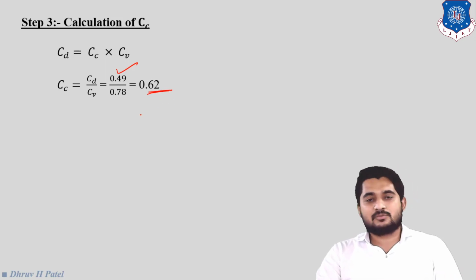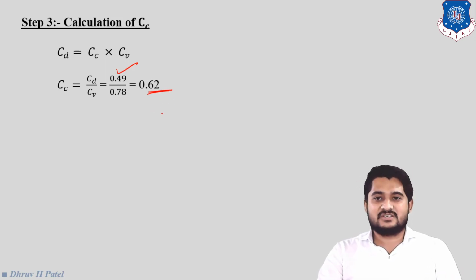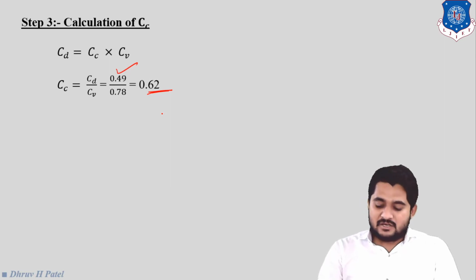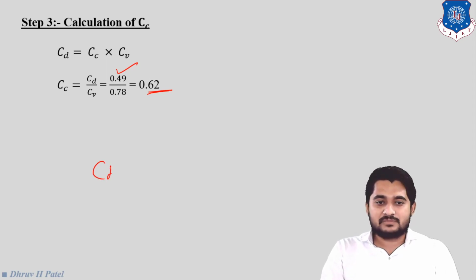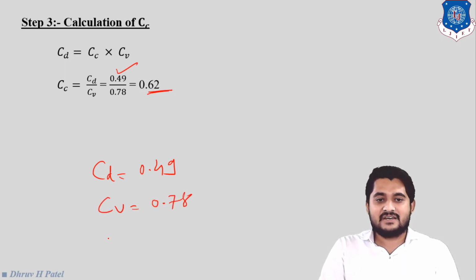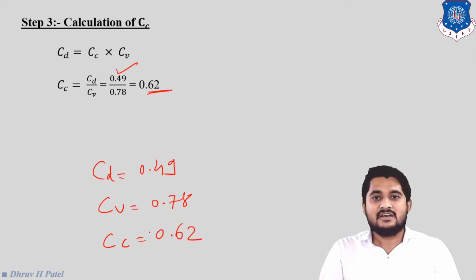So coefficient of contraction will be 0.62. So from this experiment, we can conclude that for the experimental setup of the orifice and mouthpiece, the value of CD is 0.49, the value of CV is 0.78, and the value of CC is 0.62, right?